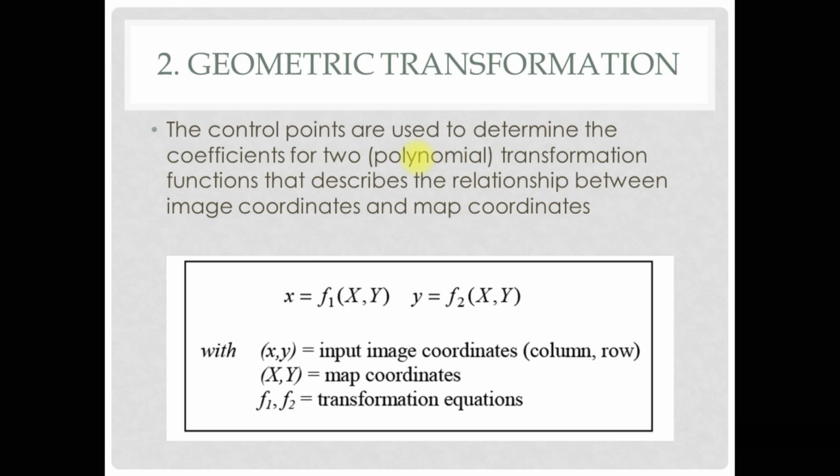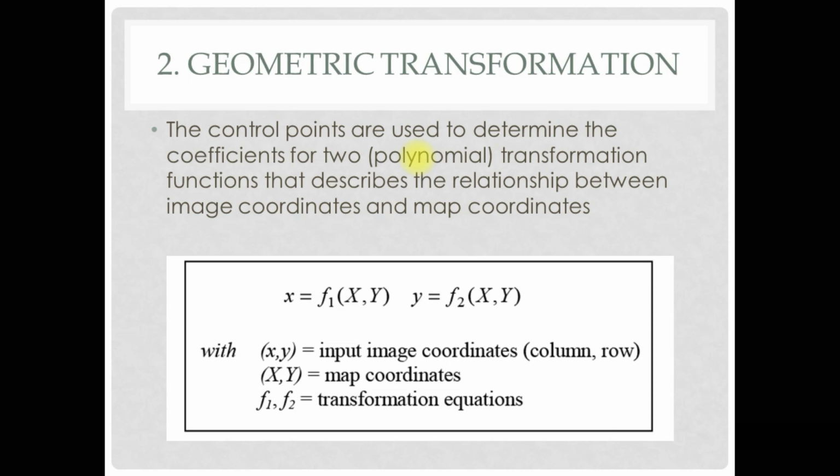The control points are used to determine the coefficients for 2 polynomial transformation functions that describe the relationship between image coordinates and map coordinates. So here we can see the concept where the x, y map coordinates are referred to the input image coordinates, columns and rows, with the transformation equations.